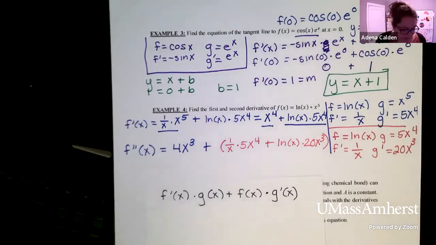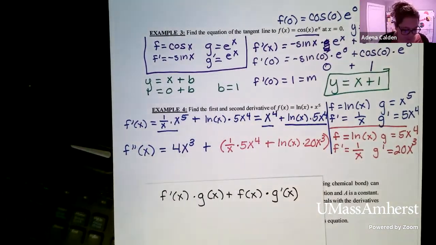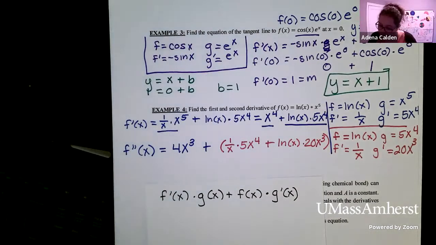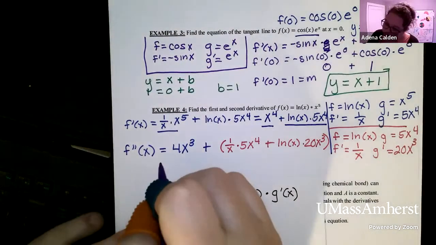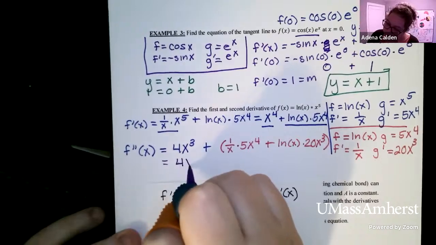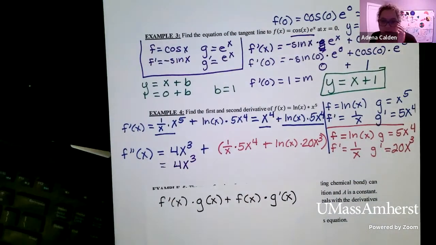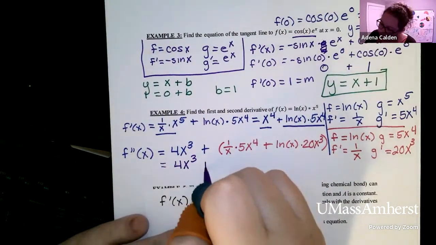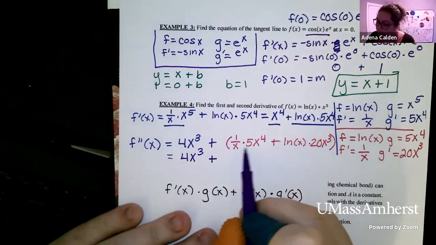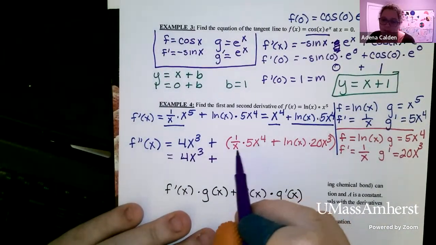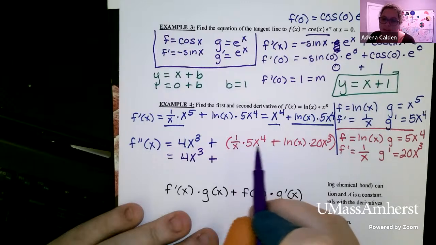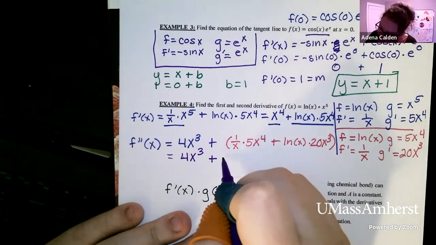Now, what would this look like if it was on a quiz or something like that? So most likely the way you would see this, you would have 4x cubed, so that first term doesn't need to be simplified at all, plus, now here, I have 1 over x times 5x to the 4th. So again, this x can cancel one of these x's.